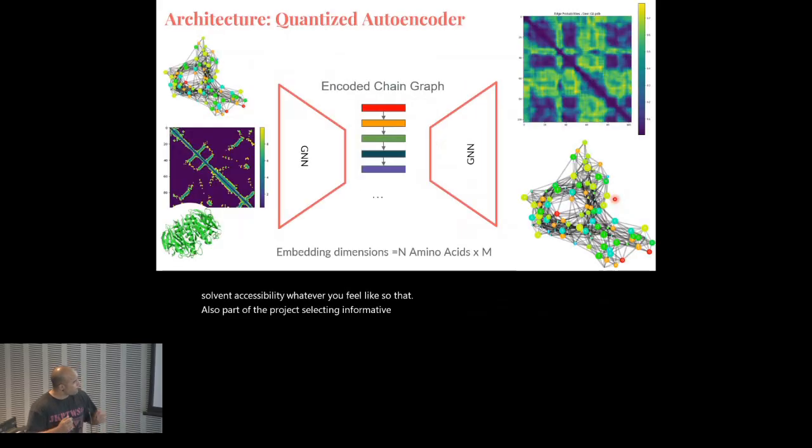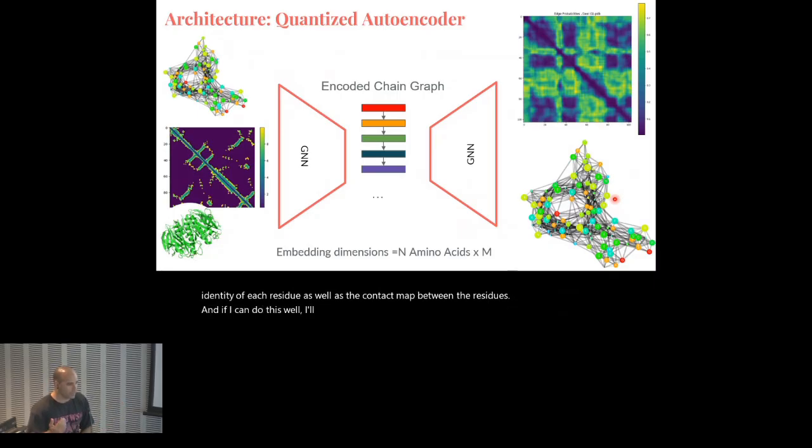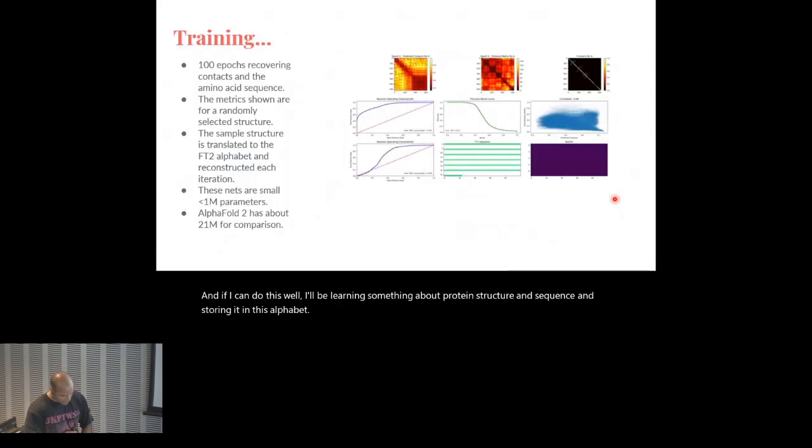And I'm not going to go into the architecture of the network that I used, but I have an encoder network, which will basically turn each of these nodes into a discrete state of an alphabet size, which I specify. And then from there, I would like to recover the amino acid identity of each residue, as well as the contact map between the residues. And if I can do this well, I'll be learning something about protein structure and sequence and storing it in this alphabet.